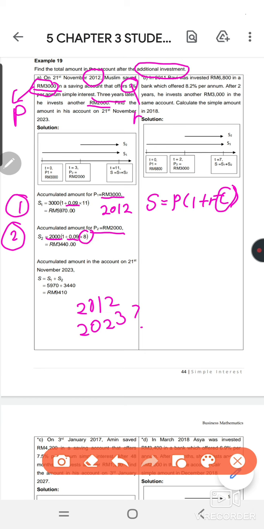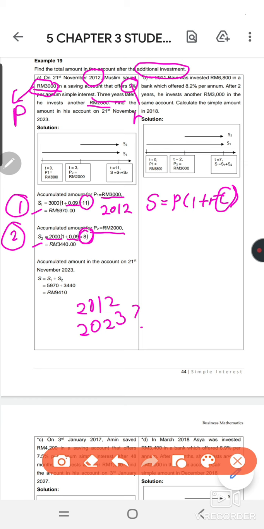So you will get 3,440.00. Then the accumulated amount in the account on 21st November 2023 means awak tambahkan S1 and S2. S1 is 5,907 and S2 is 3,440. So your account now is 9,410.